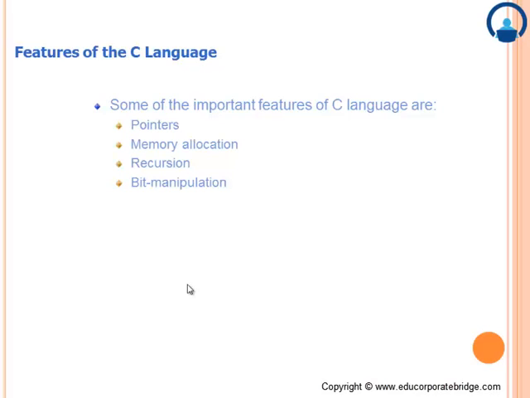Okay. Recursion. When a function calls itself, that is called recursion. We are going to see this concept in detail later on. Bit manipulation. Bit manipulation allows manipulation of the data in its lowest form.